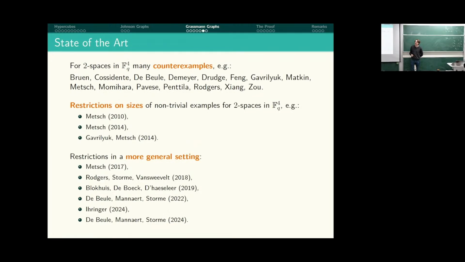And here another slide to trying to convince people that it's an interesting topic by mentioning many people who have worked on that topic. People spent a lot of time finding more counterexamples to that conjecture, and there are still some open cases.